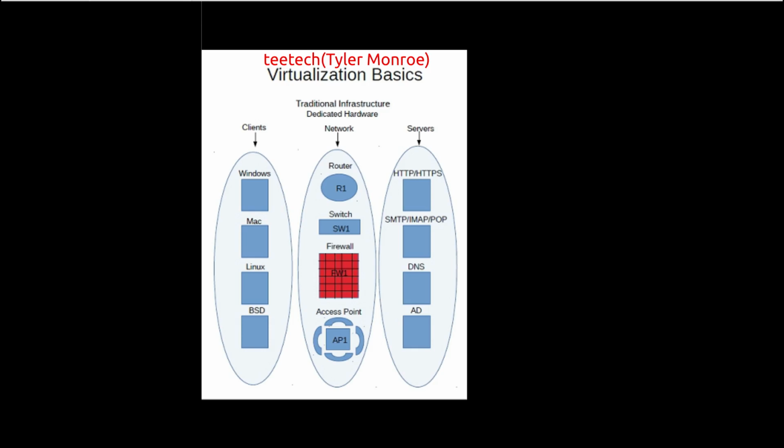So our clients, we had dedicated Windows, Mac, Linux, BSD machines, and they connected into the network that's made of a physical router, a physical switch, physical firewalls, and physical access points. So this is all physical and it's dedicated to one task.